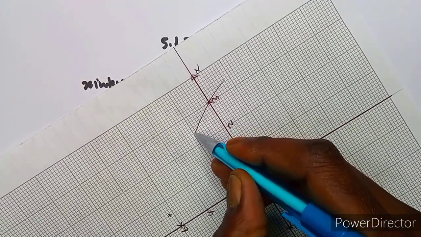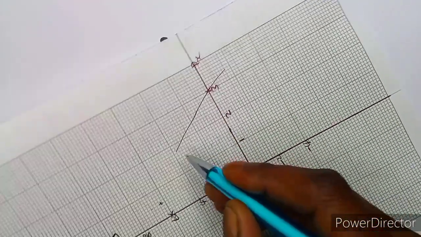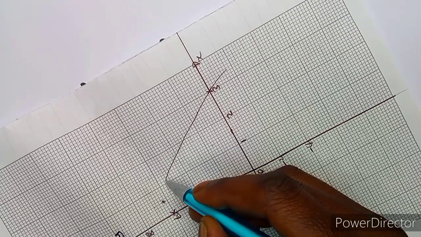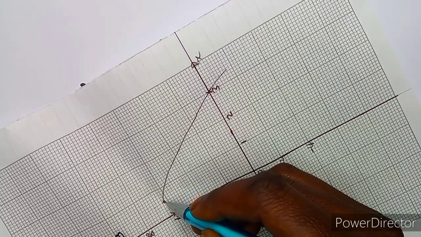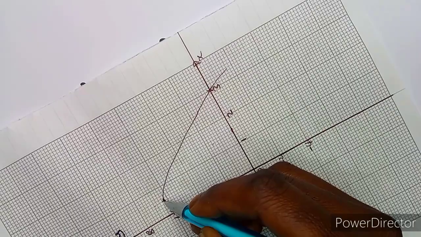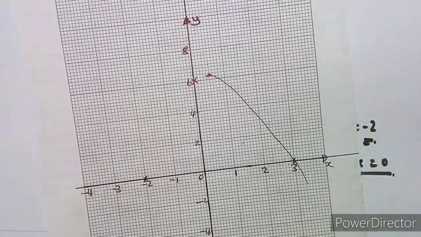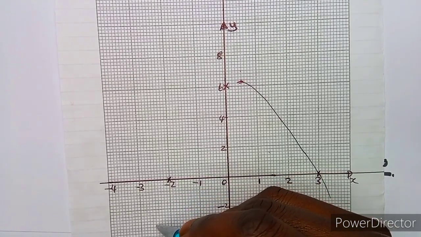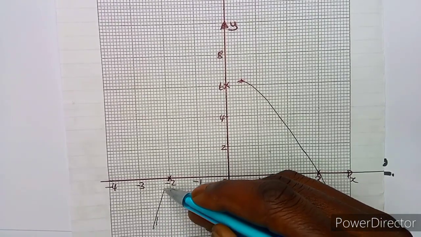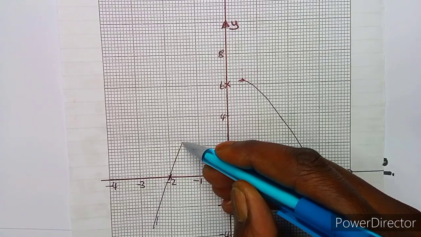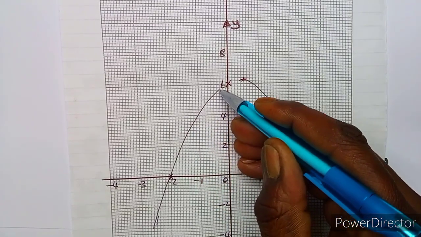And I'm using a pen, so any mistake, guys, is going to affect me. There's a turning point here, so it has to go back. That's our turning point, guys, here, and it has to go back to 6. So I don't know how I am going to win here.